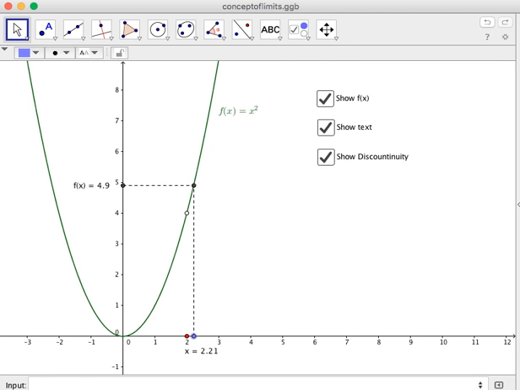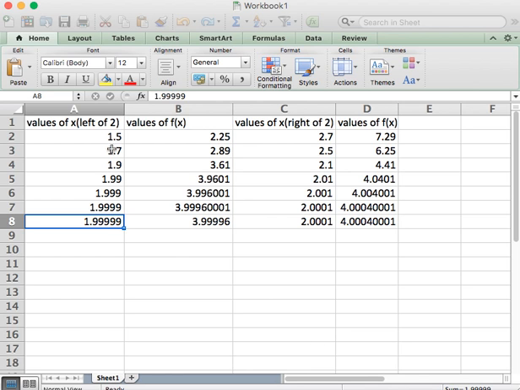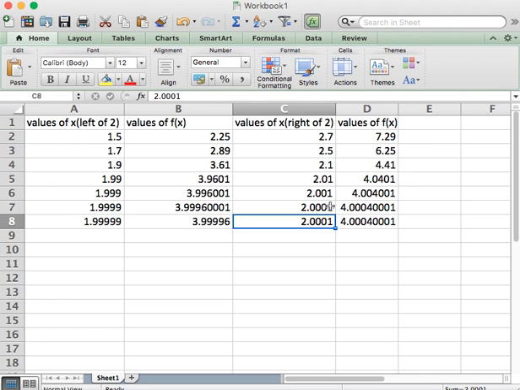As the values approach 2, the values of f of x approach 4, no? Ganon din sa right of 2. Habang palapit na palapit siya sa 2, palapit din ang palapit sa 4 yung ating values of f of x, no?